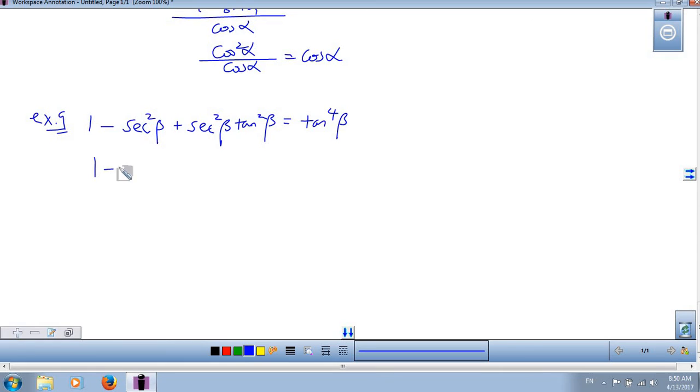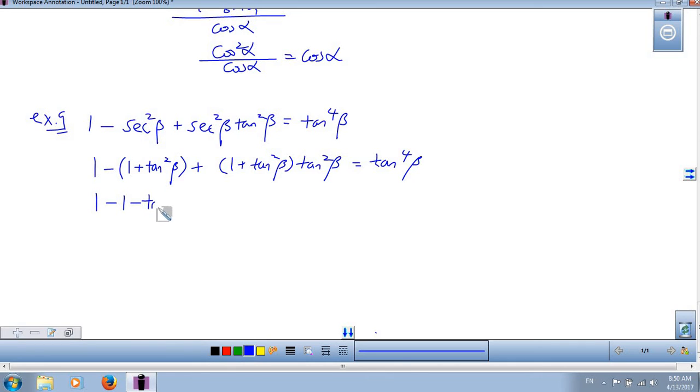So 1 minus (1 plus tangent squared beta) plus secant squared beta. Let's convert that to 1 plus tangent squared beta, so we have everything in tangent squares, because our answer is in tangent. So 1 minus 1, let's open up this parenthesis: 1 minus 1 minus tangent squared beta plus (1 plus tangent squared beta).